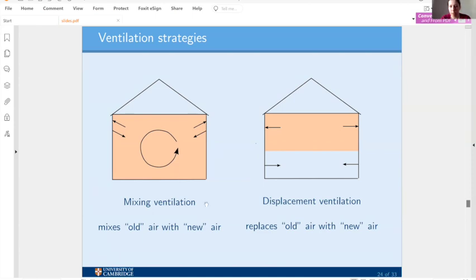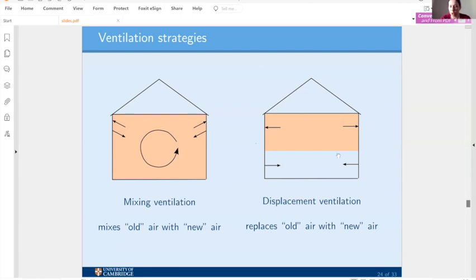On the other hand, we can talk about the displacement ventilation. For this ventilation strategy, the new air is introduced at some location, and then the new air displaces the old air inside the building without really mixing with it, and the old air is extracted out of the building at some different location.